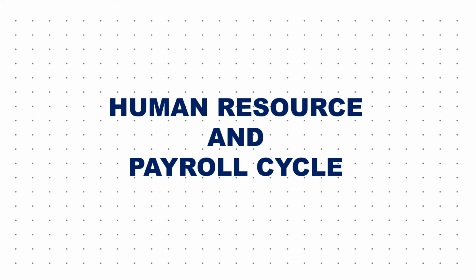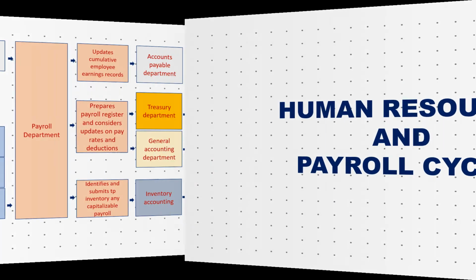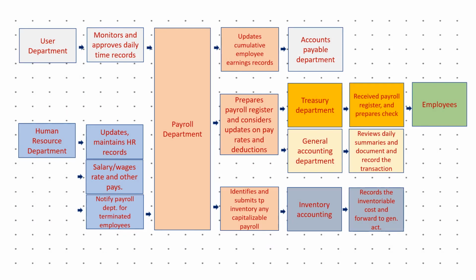So the next cycle that we will discuss is the human resource and payroll cycle. In human resource, our primary objective here is to know the roles and responsibilities of the human resource department as well as the payroll department for the production and conversion cycle.